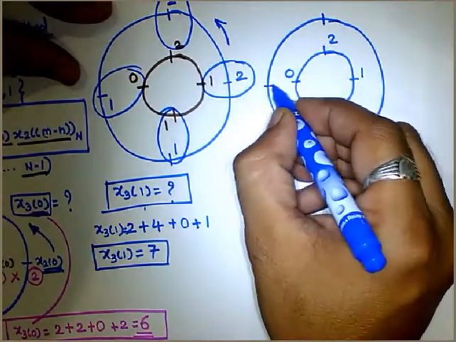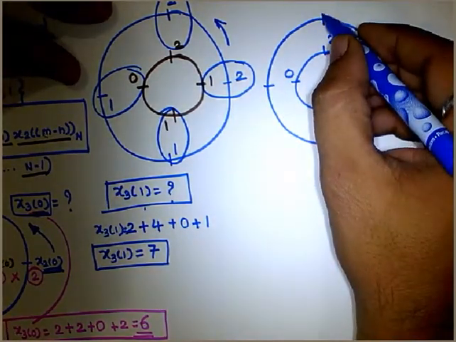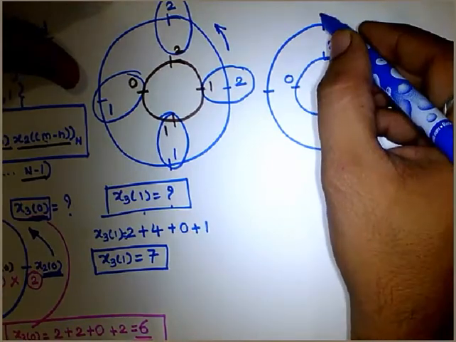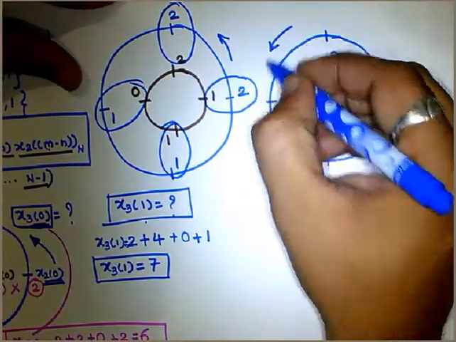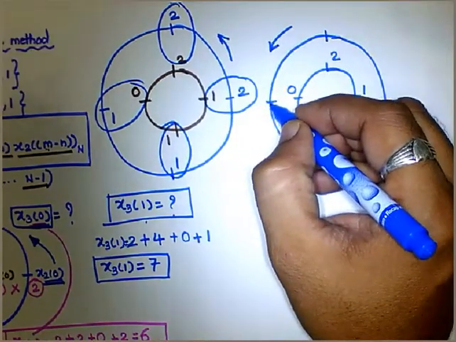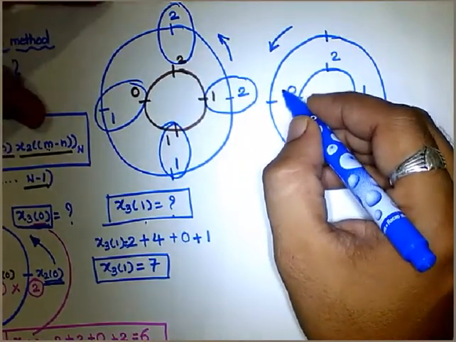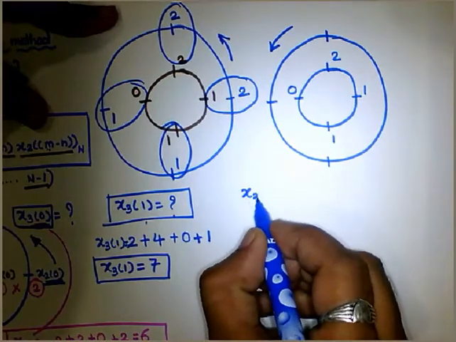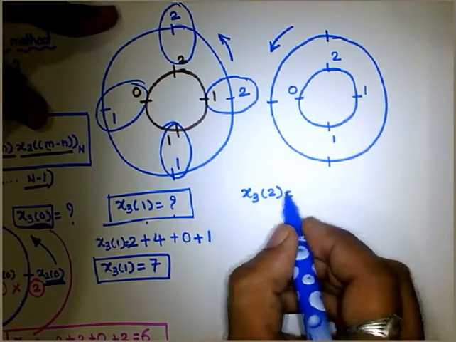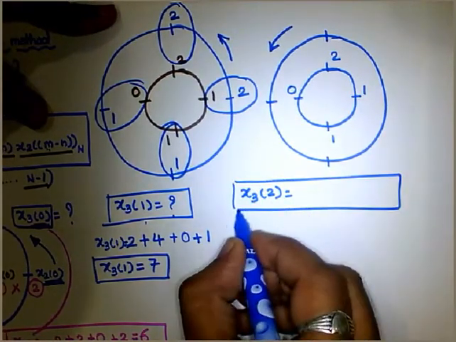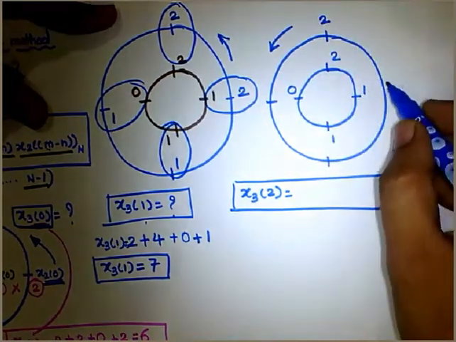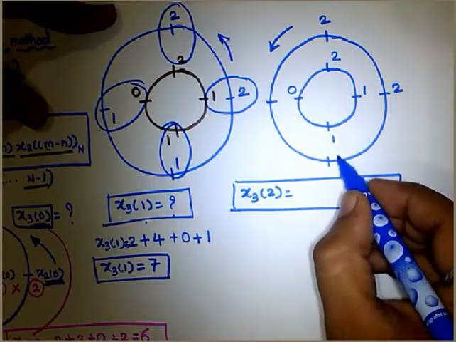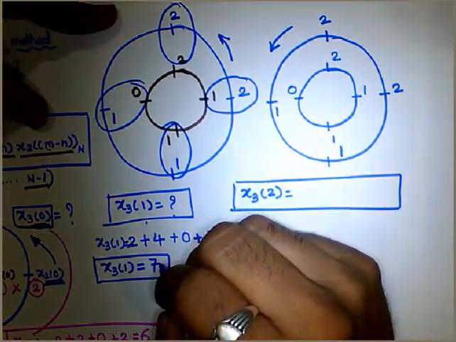This will be the point right now. Earlier it was x2 of 0, but again it is delayed by 1. So again shift it by 1 position, because this time we are calculating x3 of 2. So for calculating x3 of 2, this will be delayed. So this will be 2, this is 2, this is 1, this is 1.